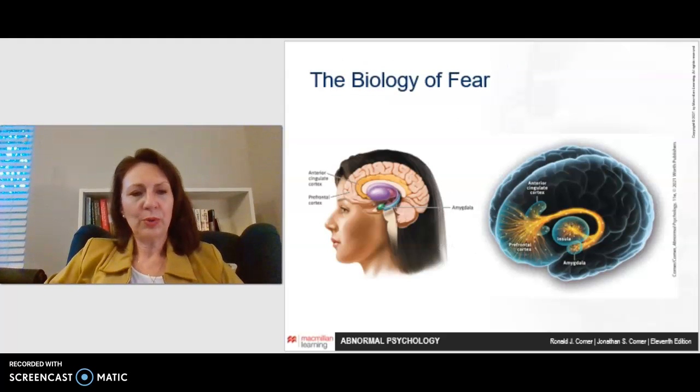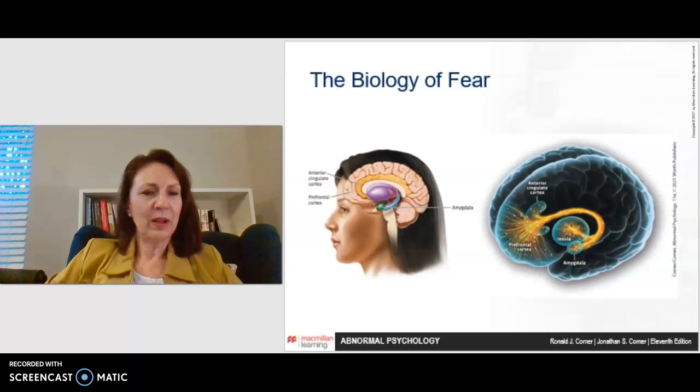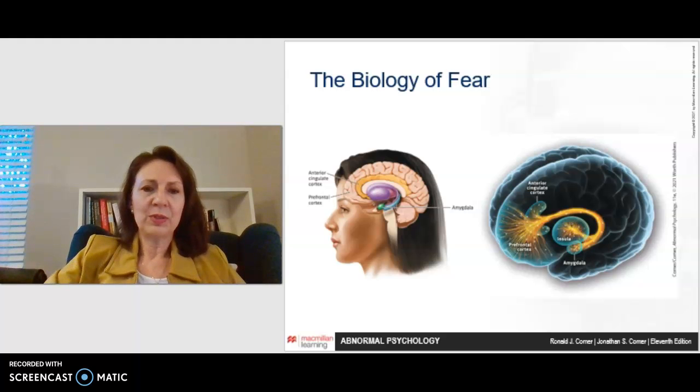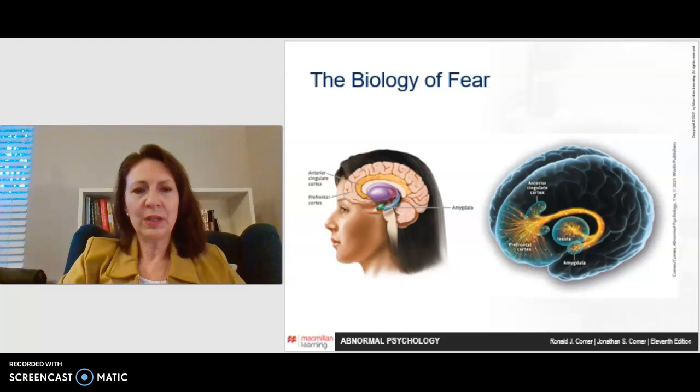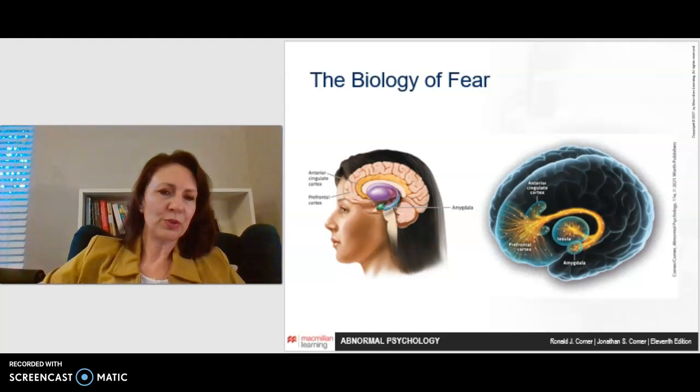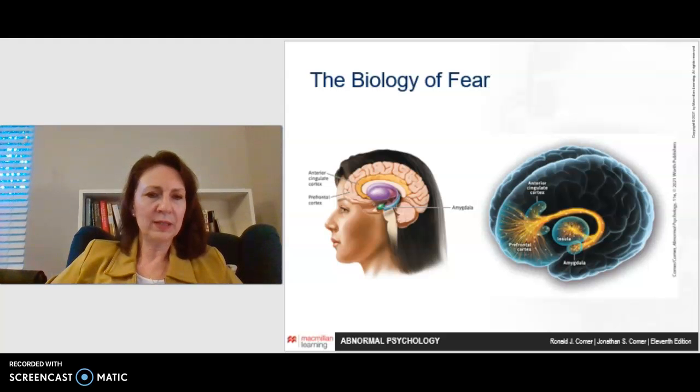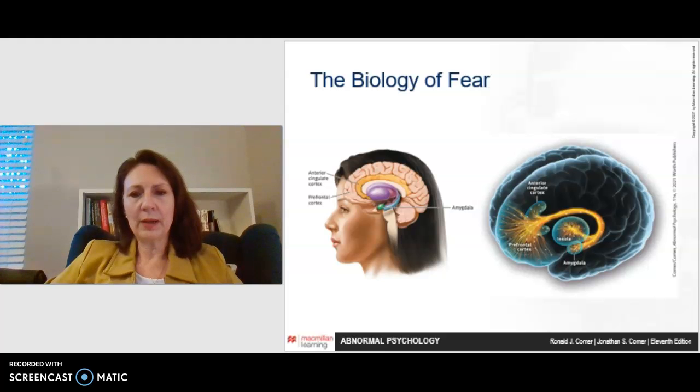This slide shows the circuit that has to do with the biology of fear. So if you see on the left, you've got the anterior cingulate cortex and the prefrontal cortex and the amygdala. There's one other structure that isn't visible on the model called the insula, but all of those structures interact.